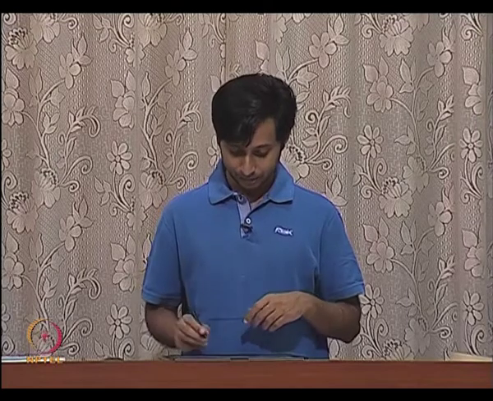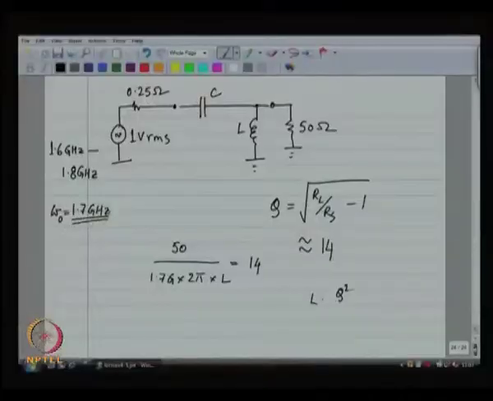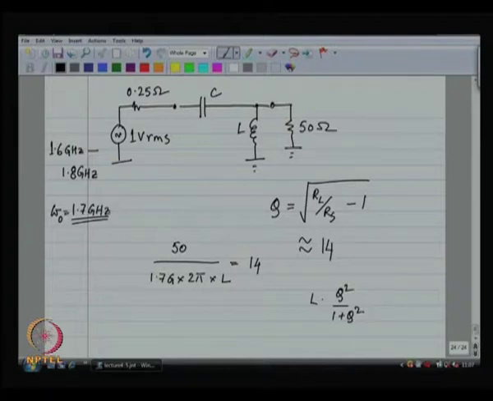and then the third step is this. L is going to transform to another inductor, which is going to be about L into Q squared by 1 plus Q squared. So, Q squared is 199, 1 plus Q squared is 200, that is about the same L. Okay. So, the value of L remains more or less unchanged when you transform it from parallel to series, and then this inductor needs to resonate with the capacitor at the chosen frequency.